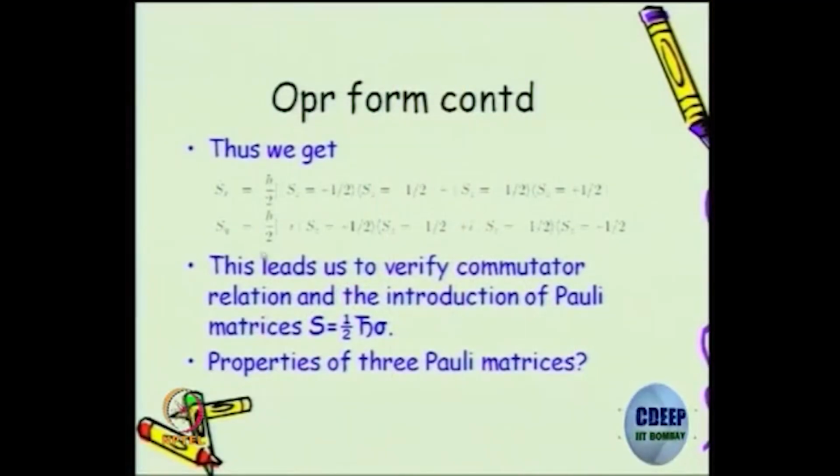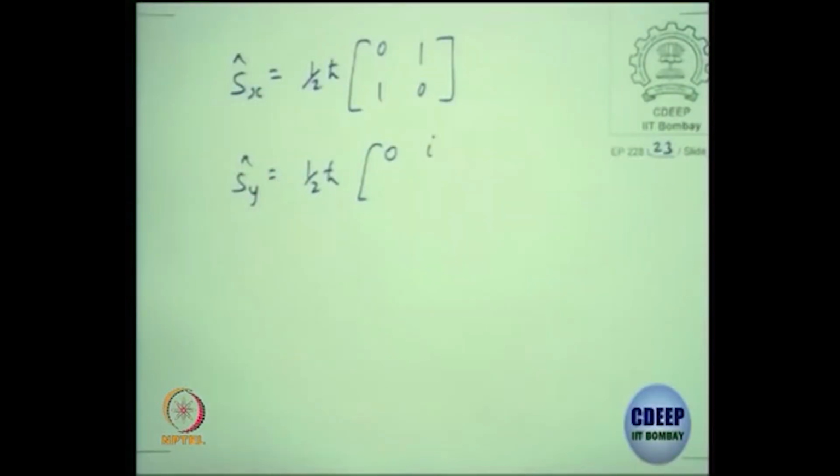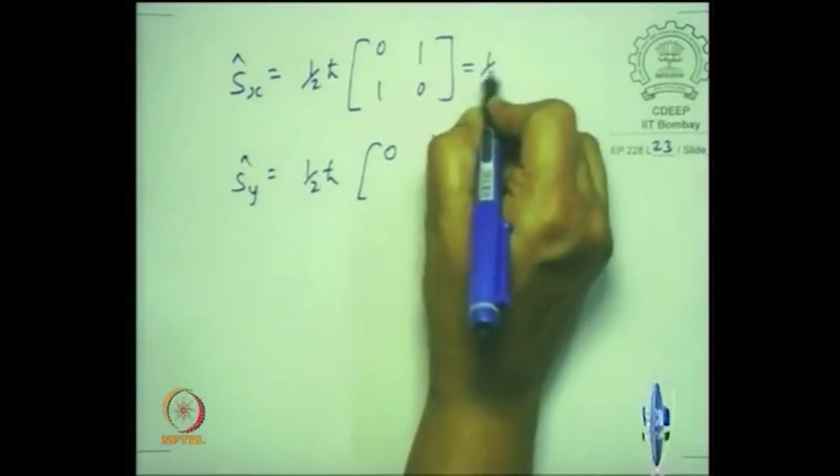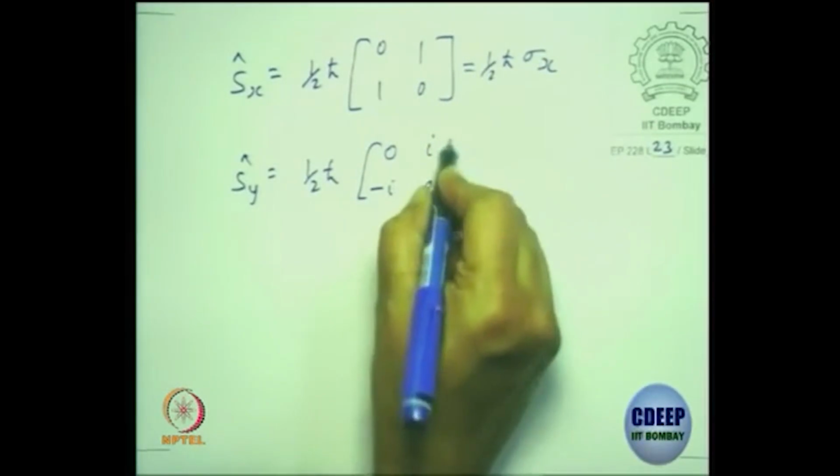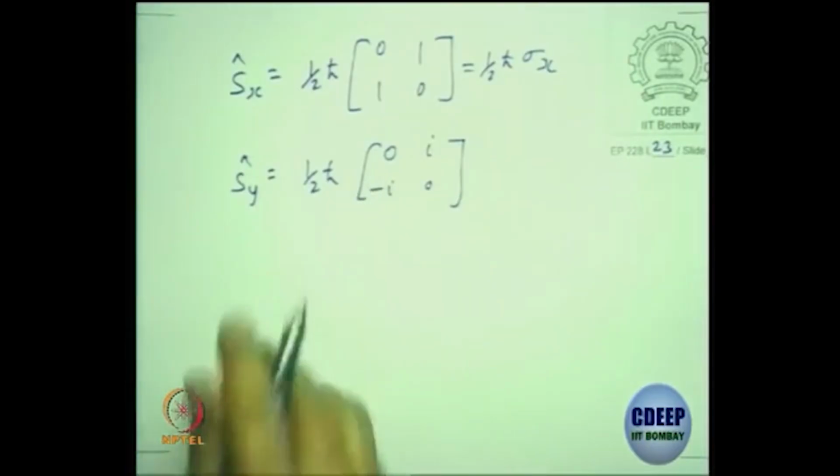Write the matrix form for the Sx and Sy and figure out what is sigma x and sigma y. Can you write it down? Matrix form for the Sx operator, if you try to write, this will be half H cross sigma x. Note that each of them is Hermitian.